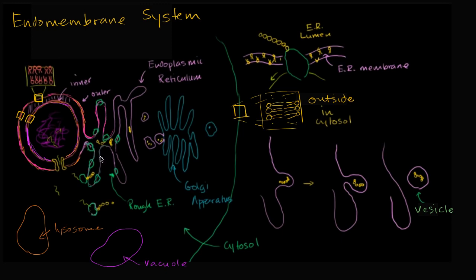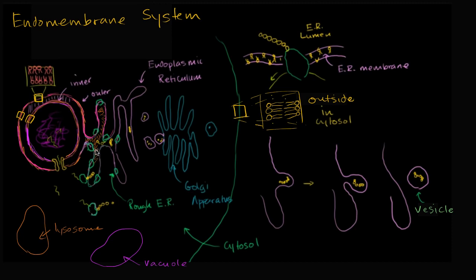The endoplasmic reticulum in particular can represent up to or even more than 50% of the phospholipid membrane associated with the cell. We've talked about what goes on in the lumen of the endoplasmic reticulum, this area right over here. Proteins can get synthesized.